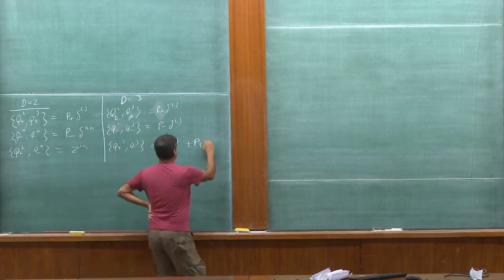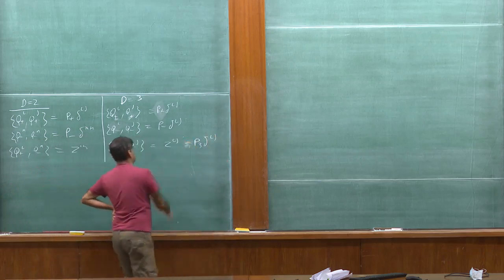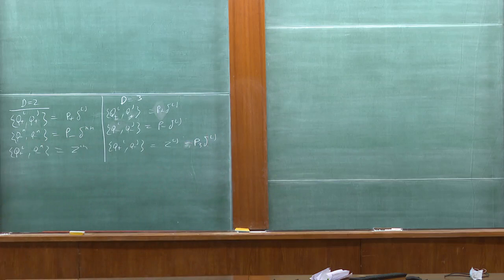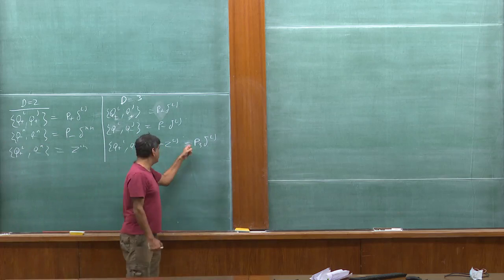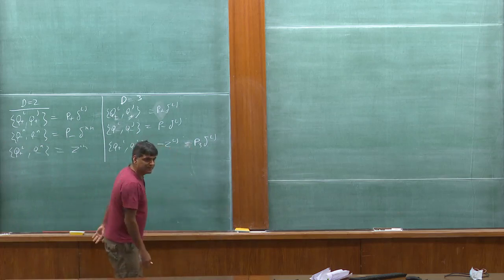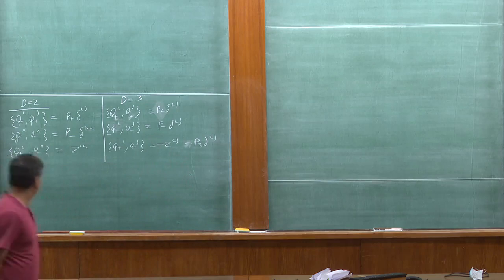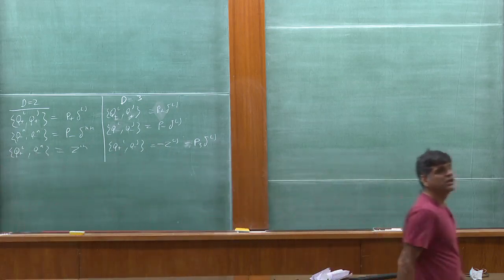On the Z ij term, a negative sign. Yeah. Right? You can't multiply P with a Z. Yeah. Okay, excellent.